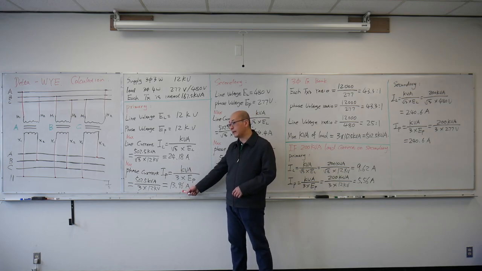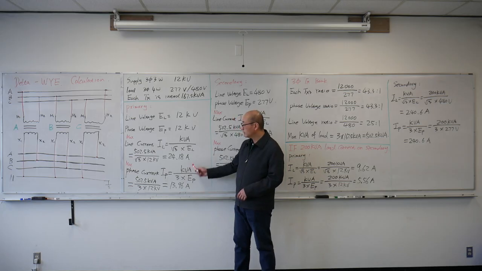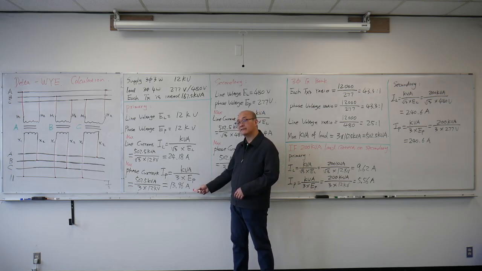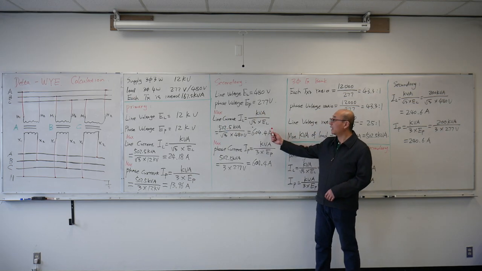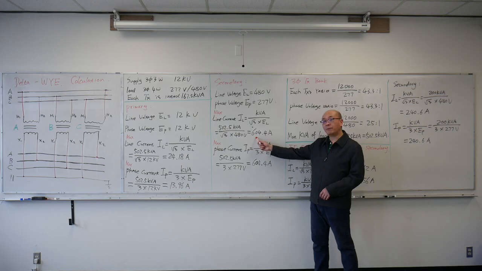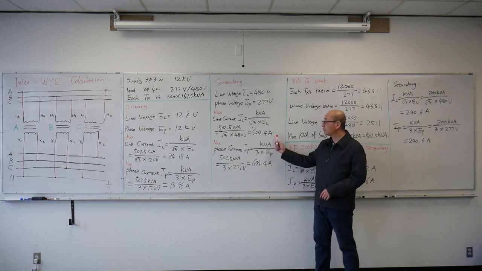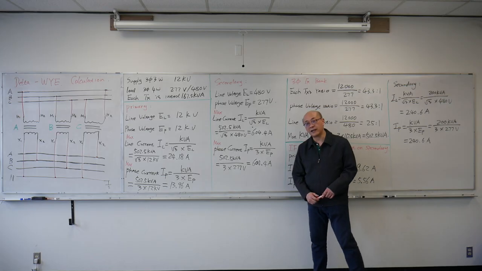Phase current, 13.96 amps. Delta connection, line current is going to be √3 higher than the phase current. Secondary side, line current, 604.4 amps. Phase current, 604.4 amps. Y connection, line current and phase current are all the same.